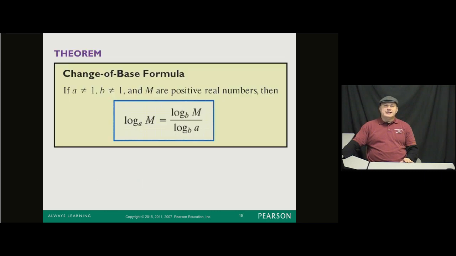All right, so let's look at the change of base theorem. The change of base theorem will allow you to do these problems that we just did without doing all the equation solving.